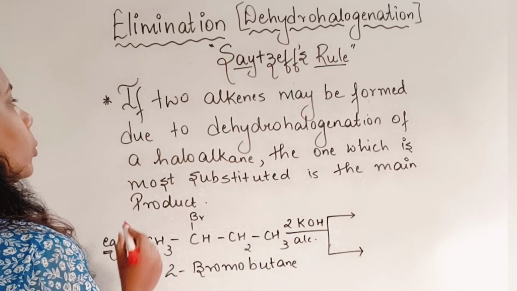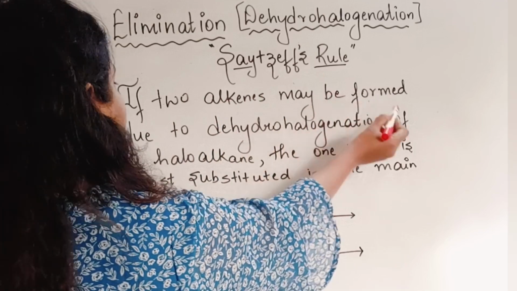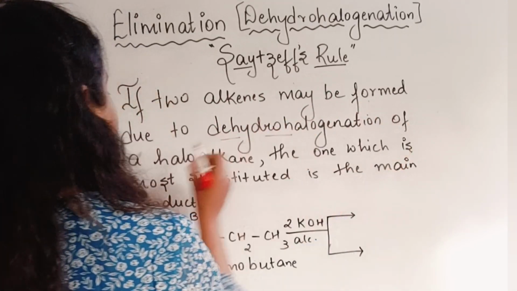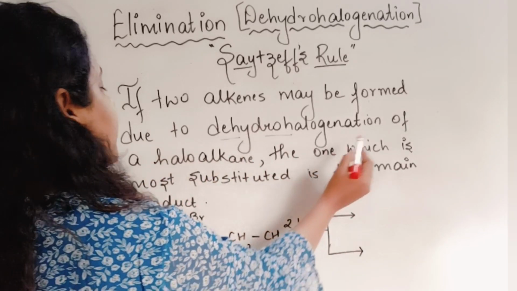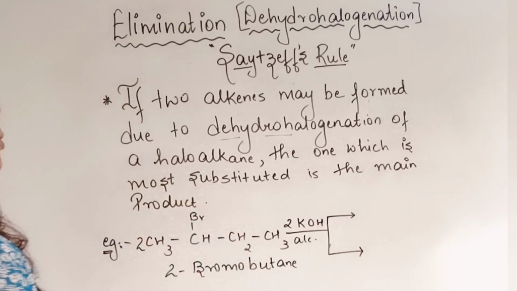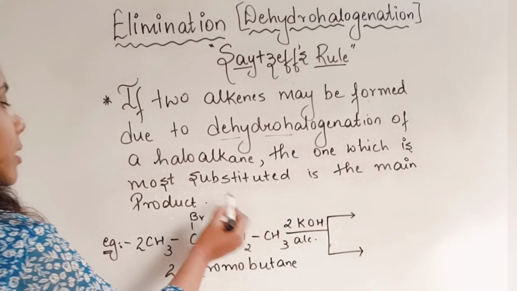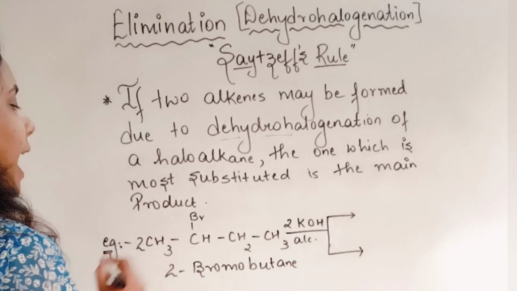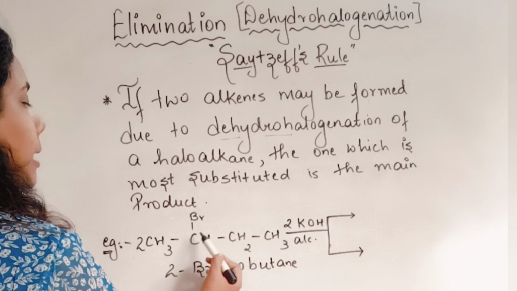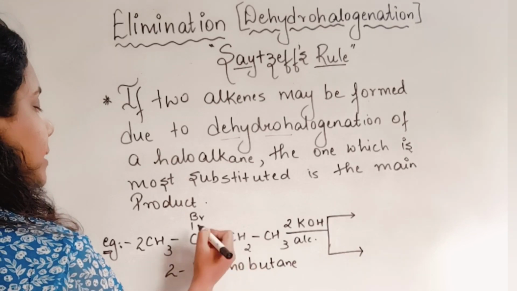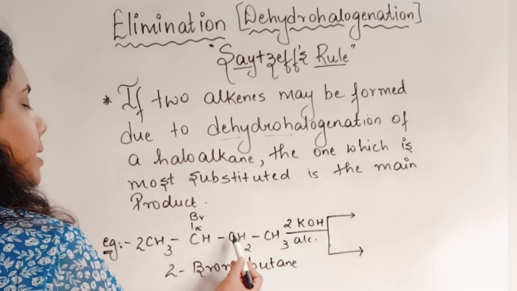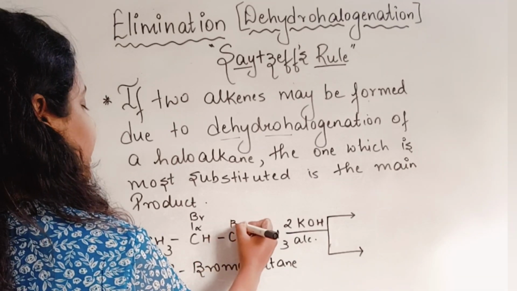Now, according to the Saytzeff rule, if two alkenes may be formed due to dehydrohalogenation of a haloalkane, the one which is most substituted is the main product. Now, what do we mean by most substituted? If I look into this compound, I can see that there is a Br group present on this carbon. The carbon adjacent to this carbon we call the alpha carbon. The carbon adjacent to the alpha carbon is called the beta carbon.